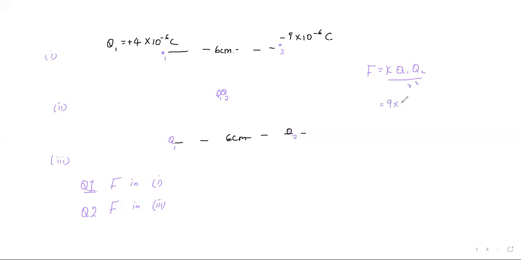That is 9 times 10 to the power 9 Newton meter squared per Coulomb squared times 4 exponent minus 6 and negative 9 exponent minus 6 Coulomb. And then this 6 times 10 to the power minus 2 meter squared.